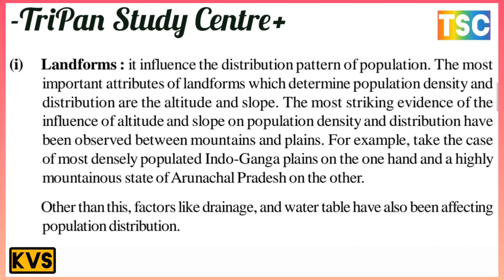For example, take the case of the most densely populated Indo-Ganga plain on the one hand and the highly mountainous state of Arunachal Pradesh on the other. Another factor, like drainage and water table, also affects population distribution.